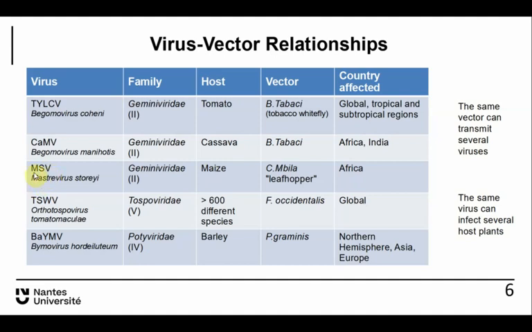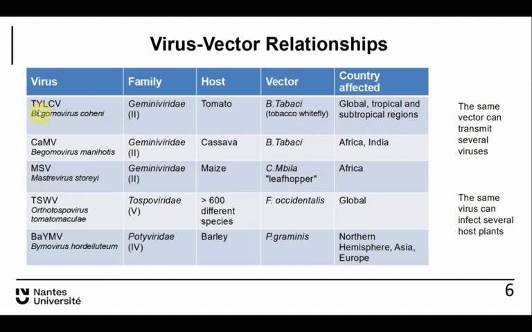The first letter was the host plant. So this is tomato, host tomato. CA, cassava, M for maize, T also tomato, BA for barley. So the first letter was for the host plant. V at the end is for virus, and everything in the middle is to do with the symptoms, the type of phytopathology that the infection provoked.